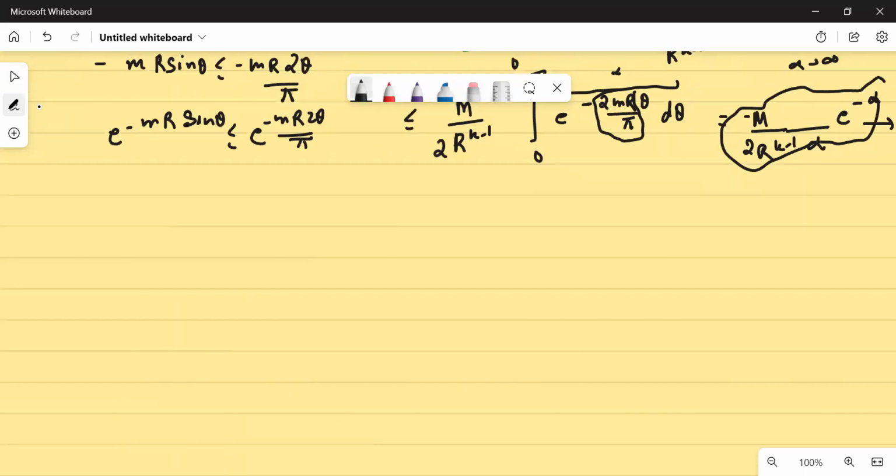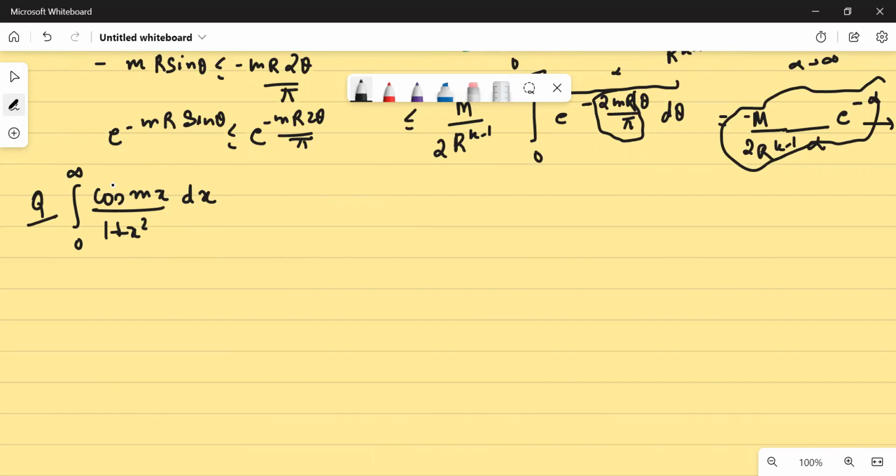Okay, so I'll try to do a problem. This is my problem: integral from 0 to infinity of cos mx upon 1 plus x square dx. Is that clear? So we'll do this problem. I told you this is something like 1 upon 1 plus x square, and this is the real part of e to the power iota mx.